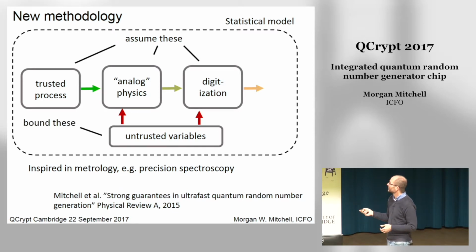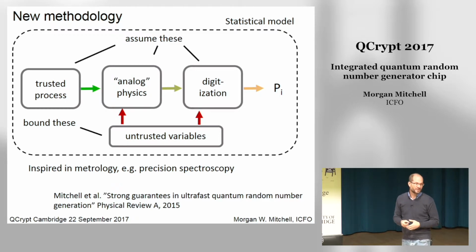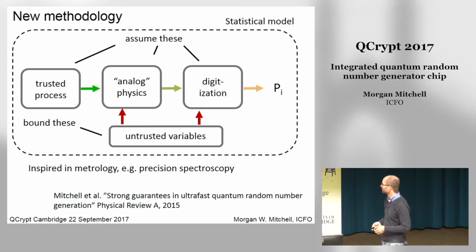And we're going to have to measure, or do something which tells us, how strong the effect of these untrusted variables could be on this process chain. Finally, when we put all of that together, we'll get a model for the probabilities of our outcomes, which depend on these things, but in such a way that we can put bounds on these probabilities. And assuming that the probability can't go to 1 or to 0, then we still have some randomness in that. That's something that we can use, for example, in randomness extraction.